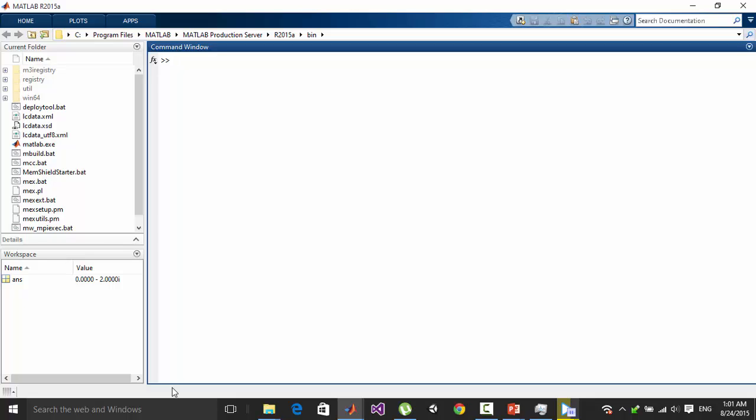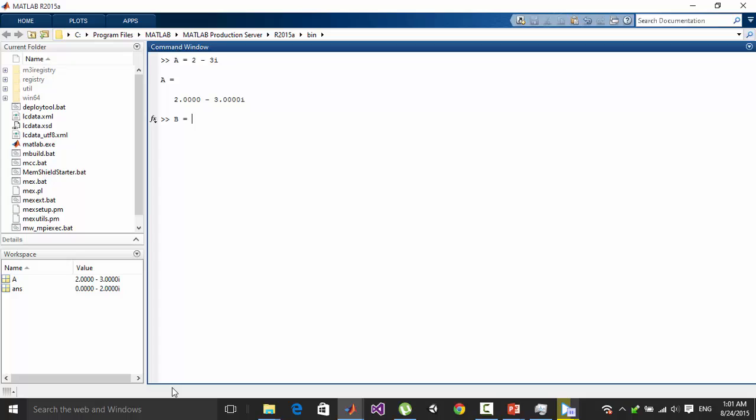Okay. MATLAB can do much of things. Let B be equal to this number plus this number.